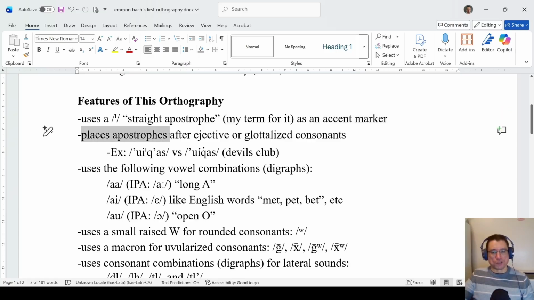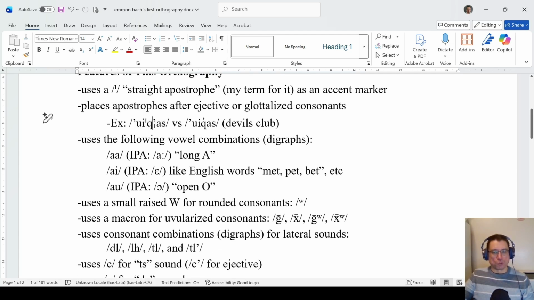This orthography also places apostrophes after ejective or glottalized consonants. So here we see an example in Emmon Bach's first orthography where you have a Q, and then it's an ejective Q, but the apostrophe comes afterwards.